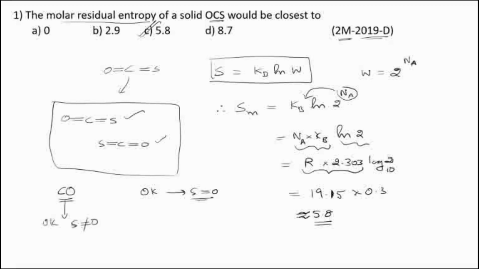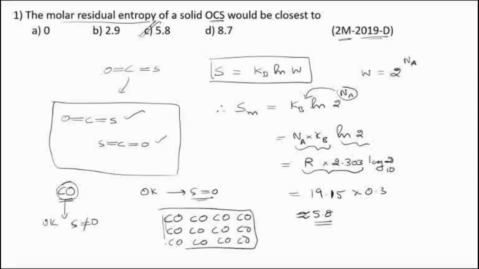Why? Because for substances like carbon monoxide, if all the molecules existed in a single orientation in the crystal, then definitely entropy should be equal to 0.